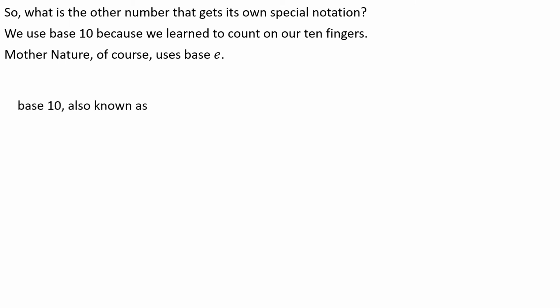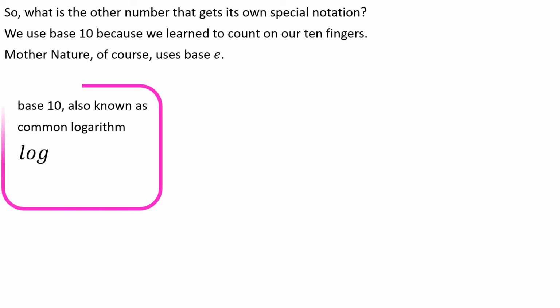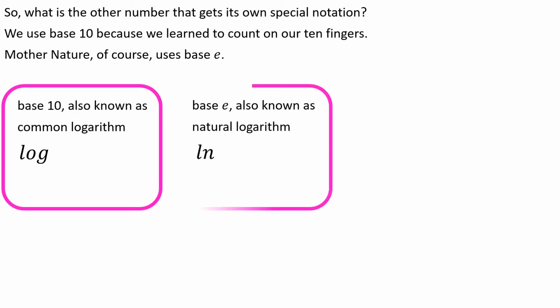2.718281828459045... So base 10 is known as the common logarithm, and we just put log. Base e is also known as the natural logarithm, because that is the base that occurs in nature. It occurs naturally.